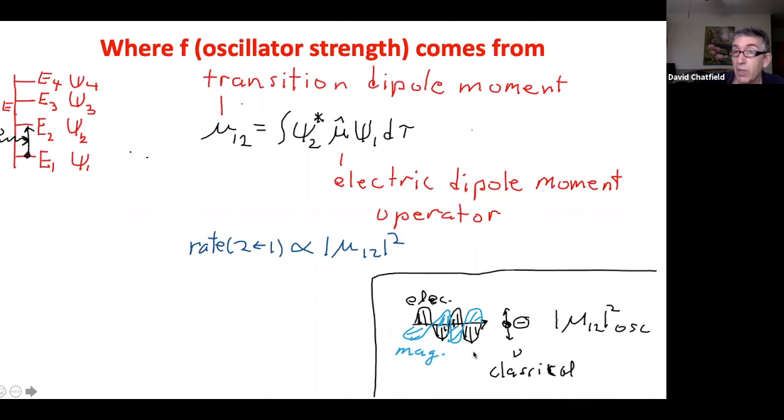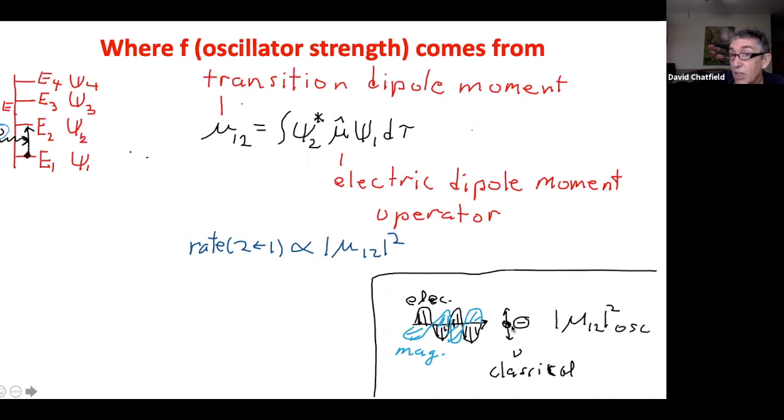The light has some frequency nu. Now we're going to choose the same frequency for our nu as for the transition in our molecule that goes to state 2. So we're just going to choose that. This light has an oscillating electric field that will cause the electron to start oscillating with the same frequency because of this electric interaction.